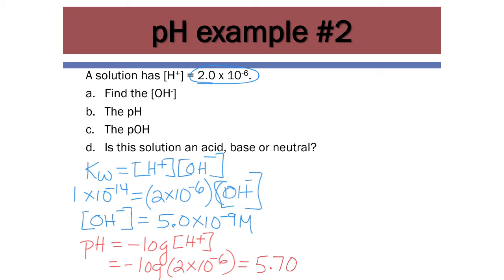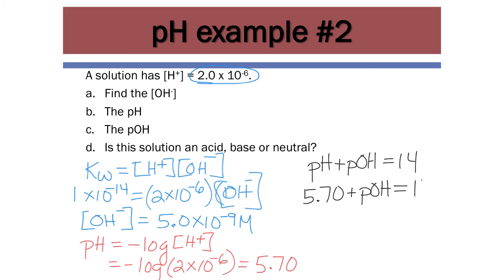Next, I have the pOH. For the pOH, I can use the formula of pH plus pOH equals 14. So if my pH is 5.7, and I'm looking for the pOH, I am just going to do 14 minus 5.7, and that would give me the pOH, which is equal to 8.30.